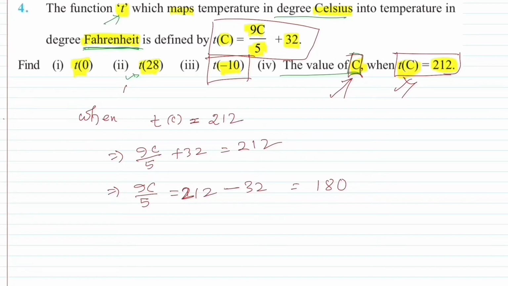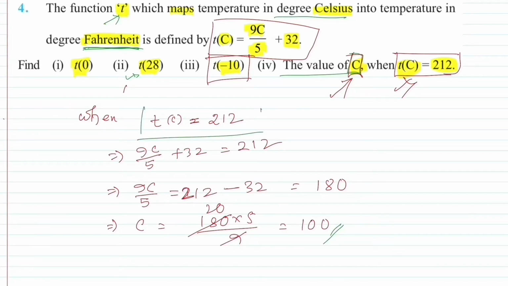Yes, 180. So now C must be equal to 180 into 5 by 9, isn't it? That is 100. So now the value of C is 100 when T of C is equal to 212. That's how we can solve question number 4.